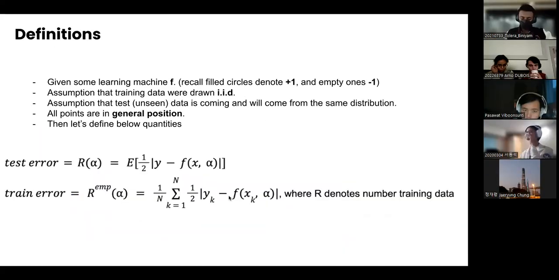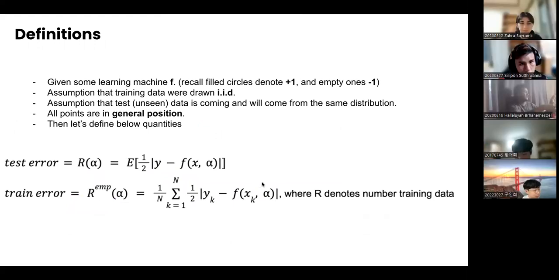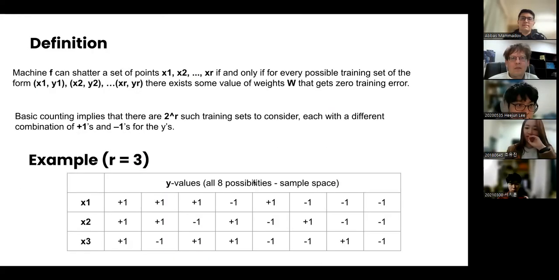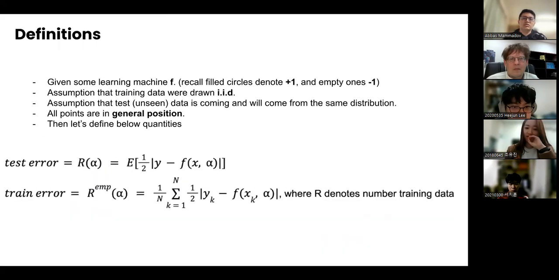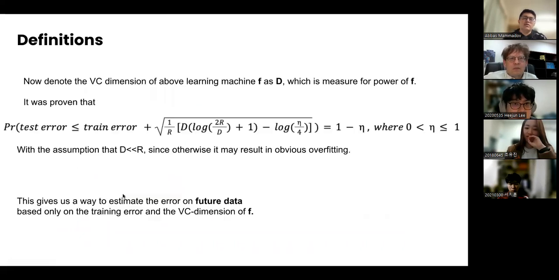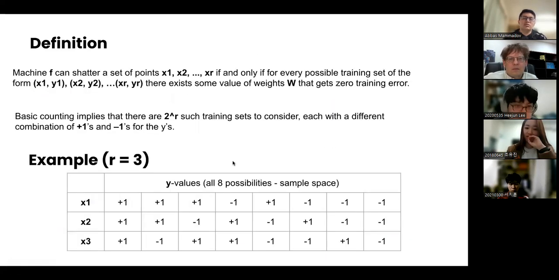Like if we are given the machine F and the set of points x1 to xr, we are wondering whether this machine can get zero training error by tuning these weights.